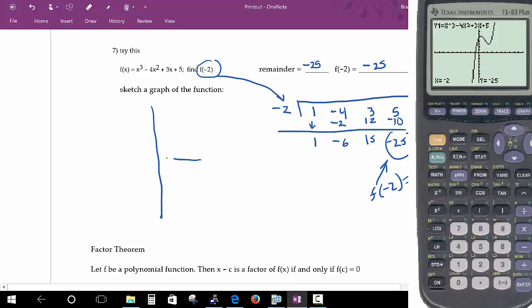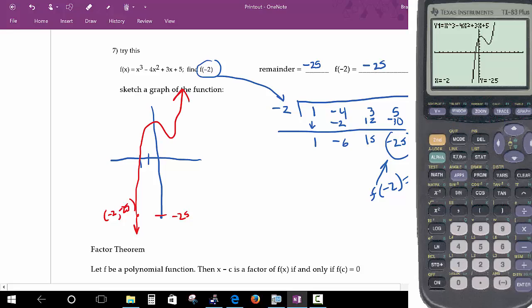All right, so let's just make a real rough graph. It doesn't have to be all that great. All I really want you to do is, for your own notes, when x is -2, you have the point (-2, -25). And then the rest of it you just kind of wing it through there like this, just so that you have a record.